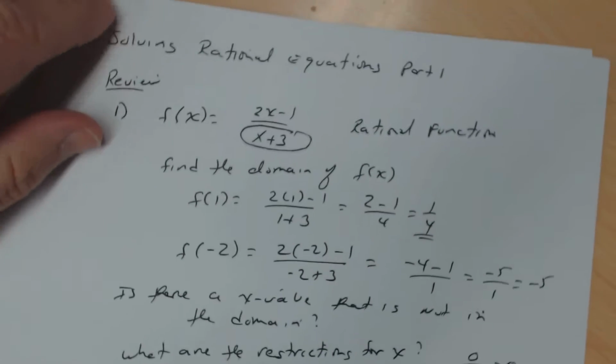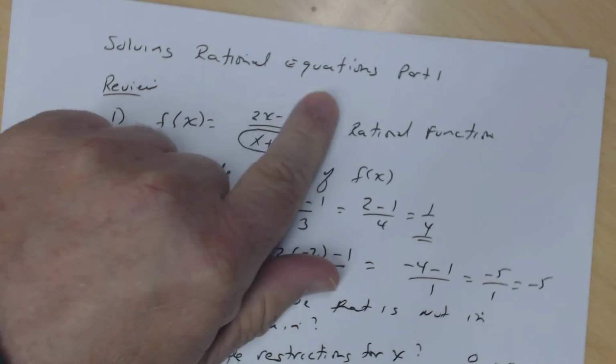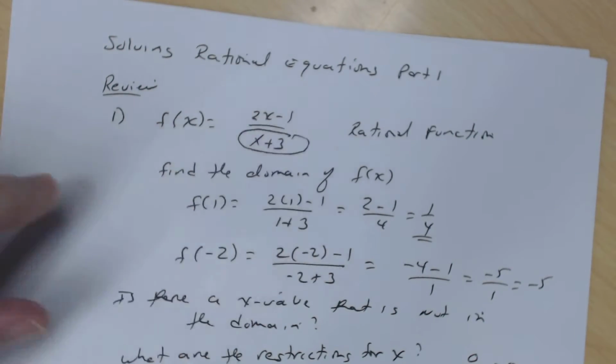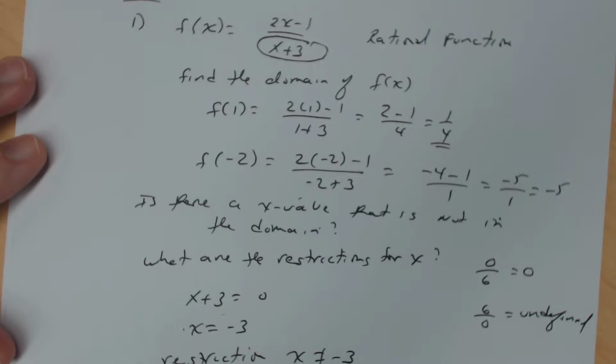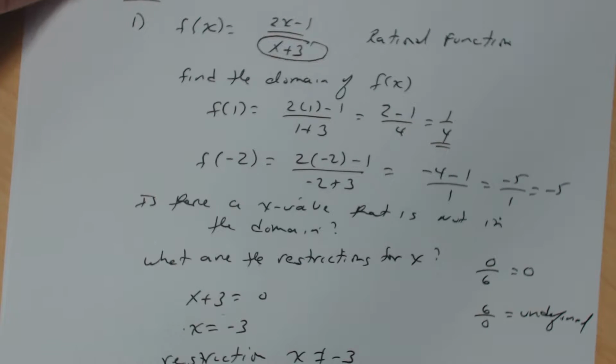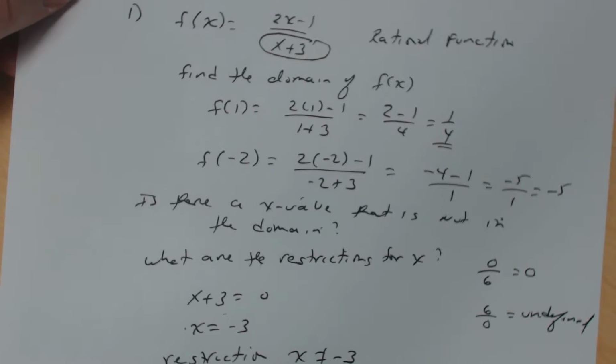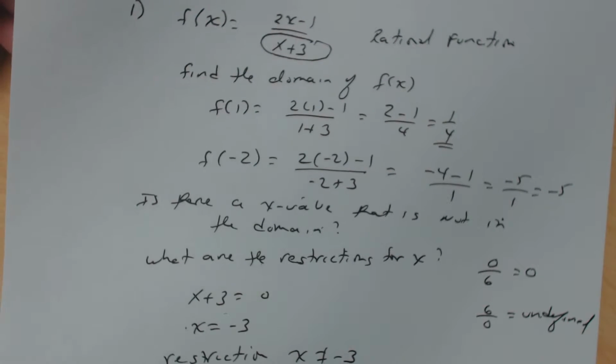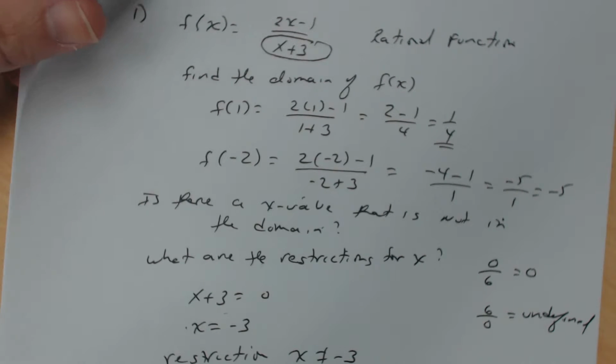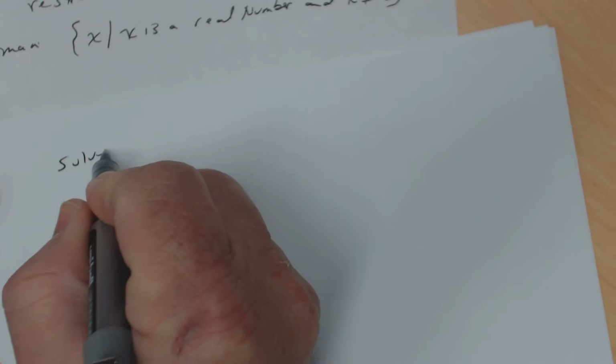So when we do the problems in this lesson, and you have variables in the denominator, you're going to have to find what values of x will make that function undefined. We're going to talk about this as we go. All right, let's look at the first example. The directions say solve.